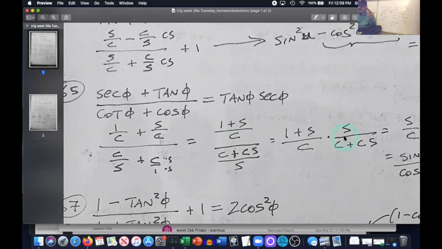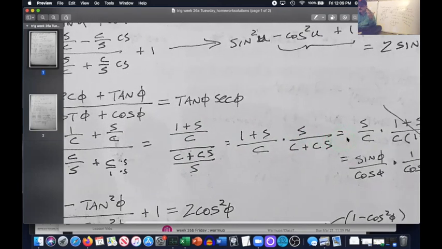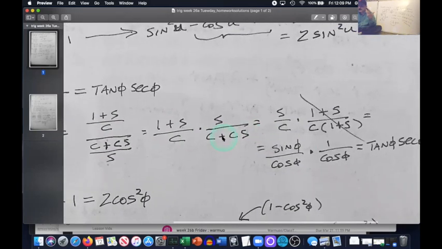Okay, so dividing by a fraction, multiply by the reciprocal. Okay, so at this point, sometimes we get a little confused because we're not seeing something that can be done. So when you get to this, well, let's see. We've got a 1 plus sine.